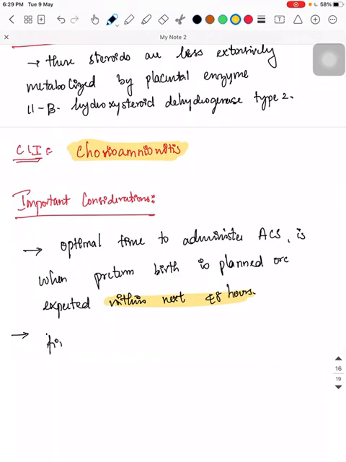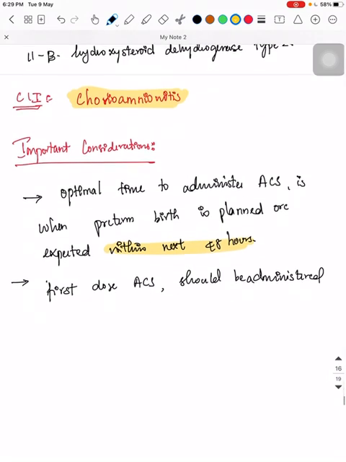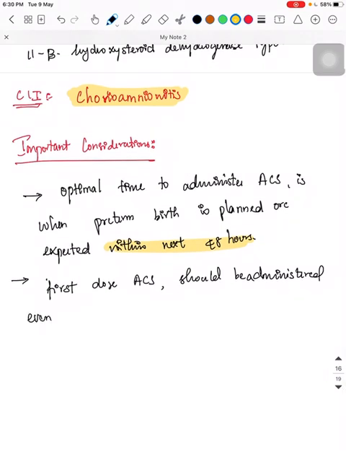So the first dose of antenatal steroid should be administered even when the delivery is imminent.